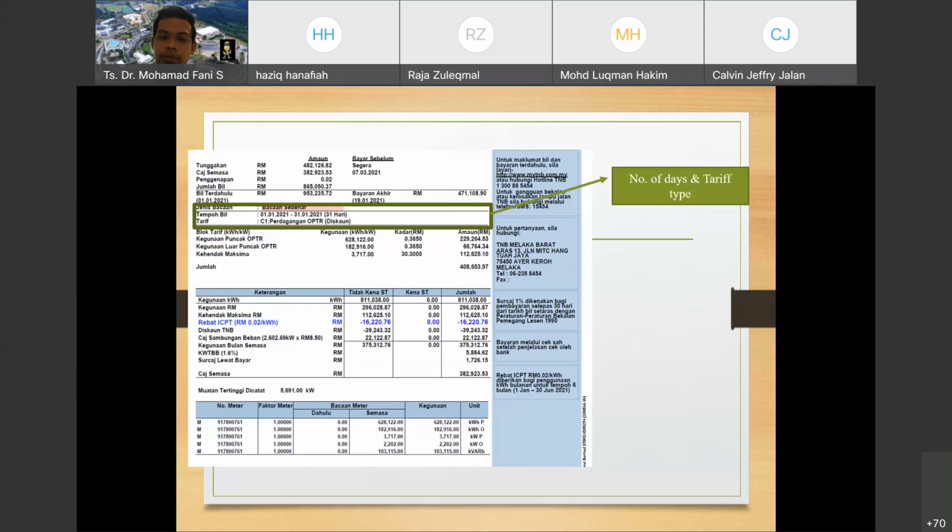So if we can improve the load factor, which is to reduce the maximum demand and manage the energy consumption, we can enjoy the 20% discount offered by TMB through this OPTR program. So that one is offered by TMB to the C1 and E1 consumer.